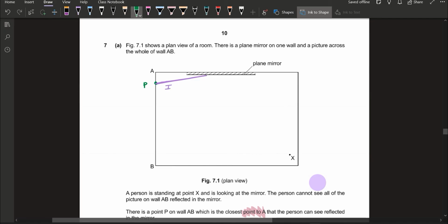And there's another ray which is the reflected ray, which is going to go to point X like this, and we can show the direction of the ray by putting arrows. So this is our incident ray, and this is our reflected ray.